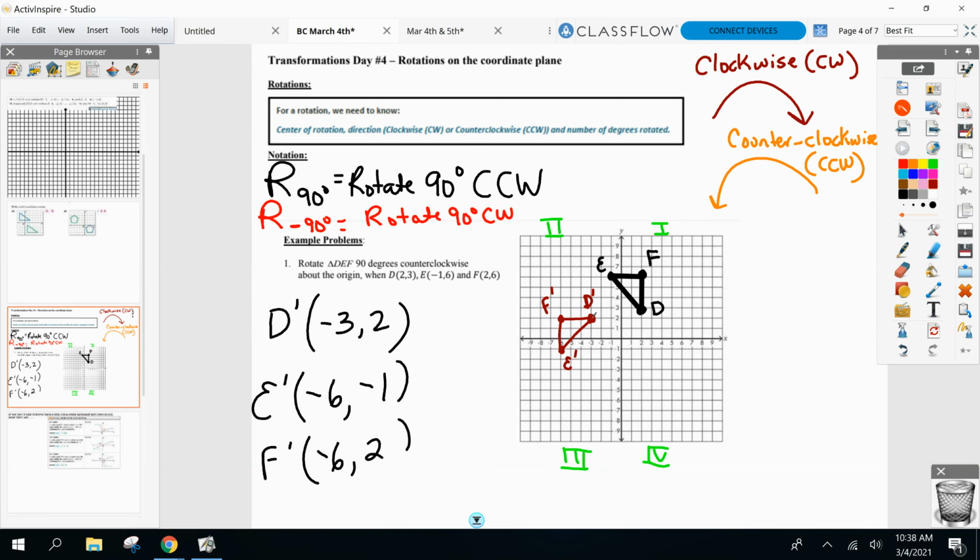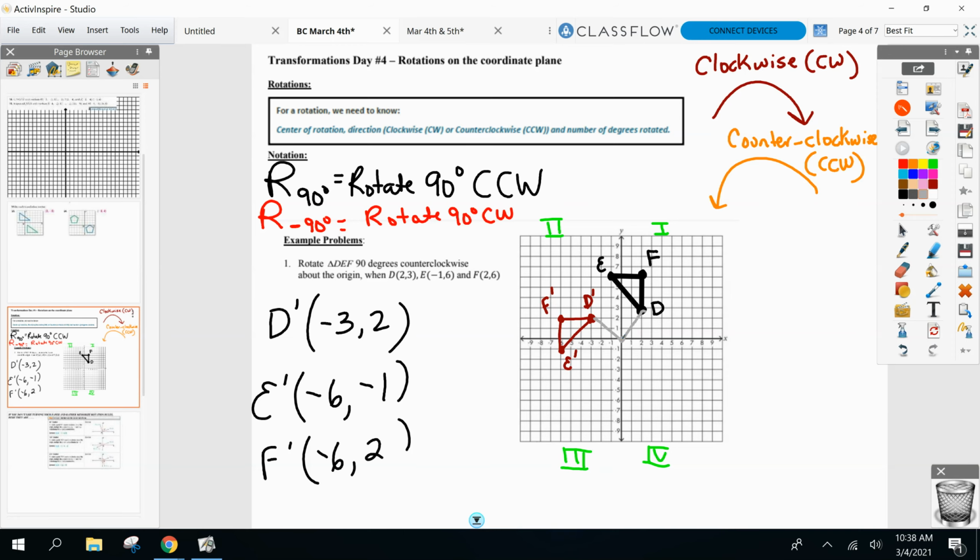How do you know it's exactly 90? Here's where the 90 comes from, kids. Everyone very lightly right now. Anytime I ask you to rotate, you're going to rotate around our origin. So here's what I want you to do. Everyone take point D, connect it to the origin, and then connect D prime to the origin.